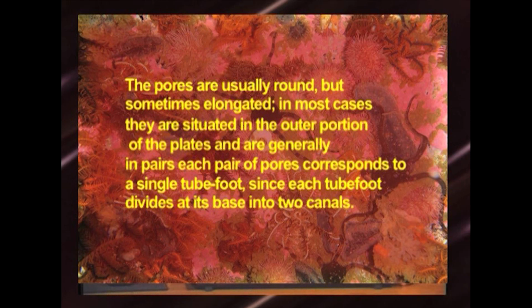In most cases, they are situated in the outer portion of the plates and are generally in pairs. Each pair of pores corresponds to a single tube foot. Since each tube foot divides at its base into two canals, frequently each pair of pores is surrounded by an oval raised rim, the peripodium.